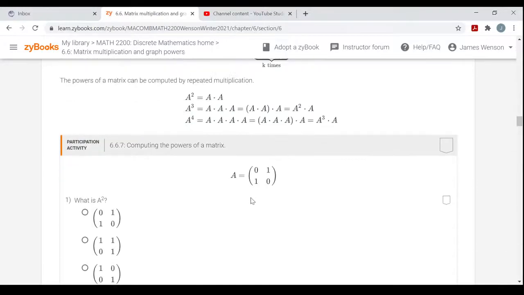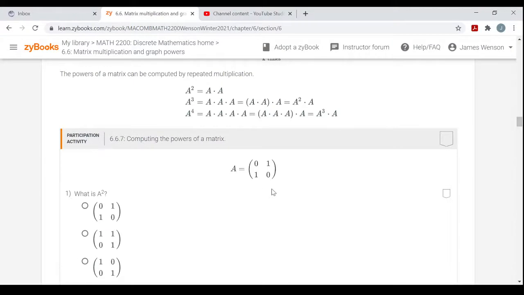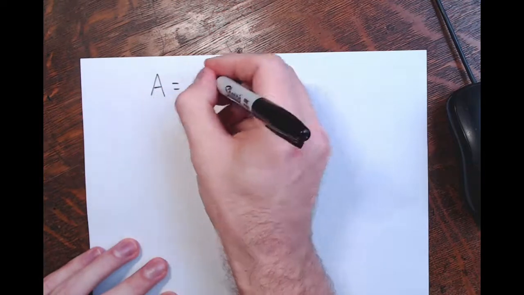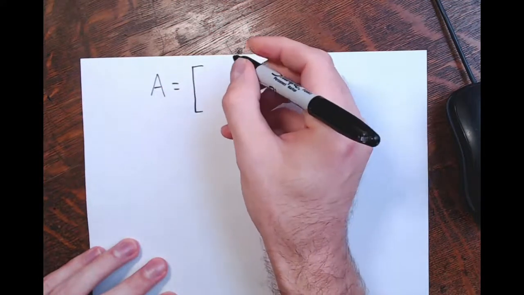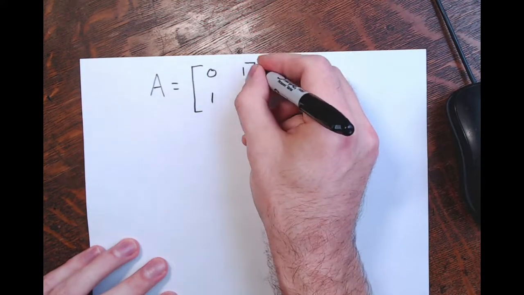All right, so let's do this. Now they want A squared and A cubed. I'll do this on paper. We're starting off with this 2 by 2 matrix A, which equals the matrix with 0, 1 in the first row and 1, 0 in the second row.